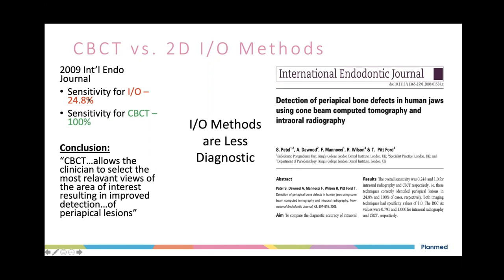And the sensitivity for the intraoral sensor was 25%. Again, 3 out of 4 failed to see what they knew was there. And this was all the way back in 2009, so this is getting to be an aged study, now 10 or 11 years old.